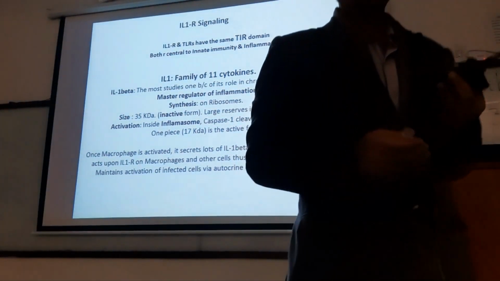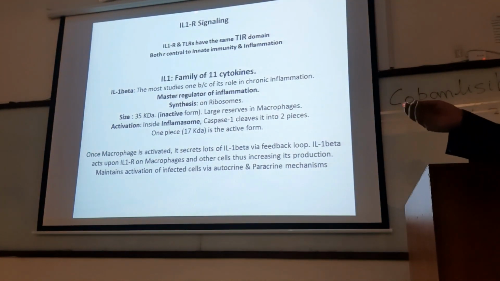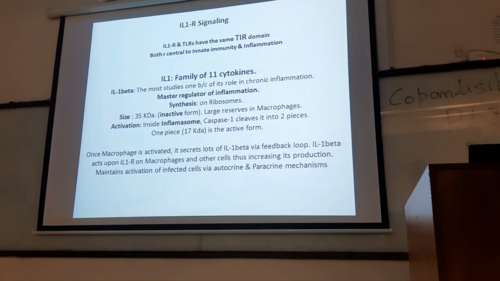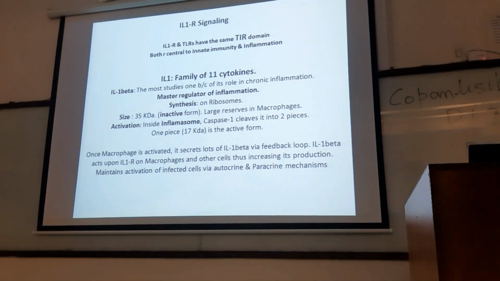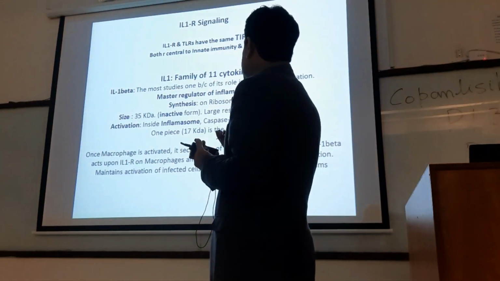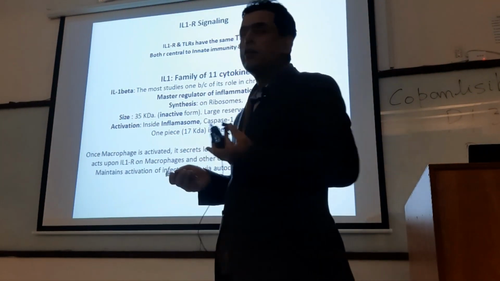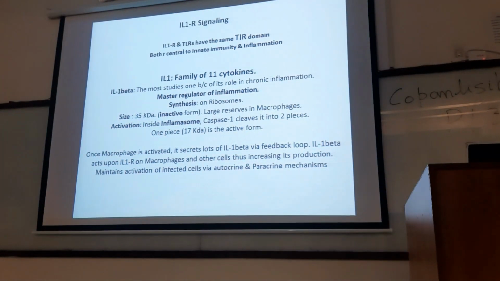And if you look at the interleukins that are secreted there, in the interleukin-1 receptor signaling. Interleukin-1 receptor, this is very important because interleukin-1 receptors and the toll-like receptors that we were discussing in the previous lecture, they have the same TIR domain, the internal domain, which is responsible for signaling.